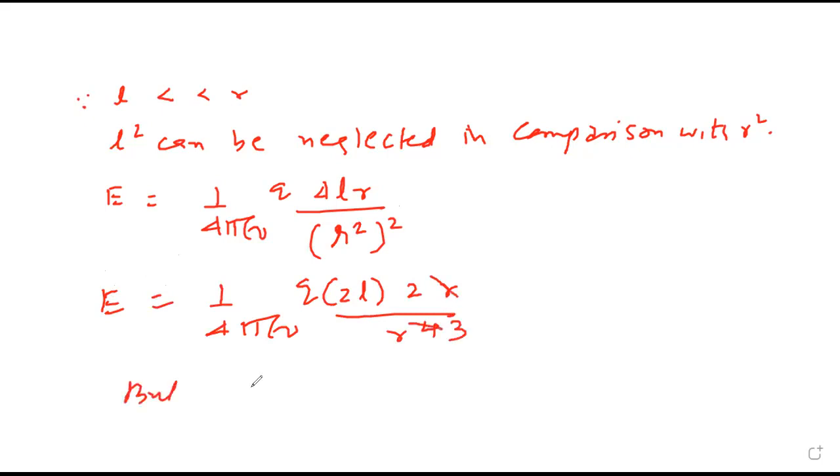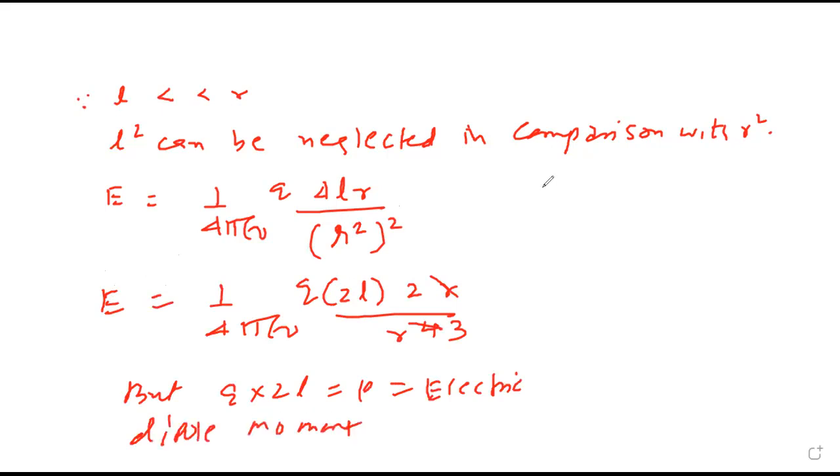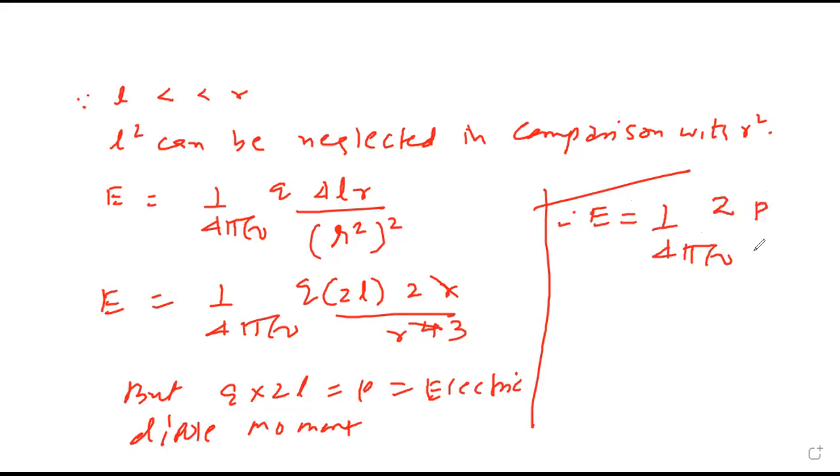But Q into 2L is p, which is called the electric dipole moment. Therefore, E equals 1 upon 4 pi epsilon 2p upon r cube.